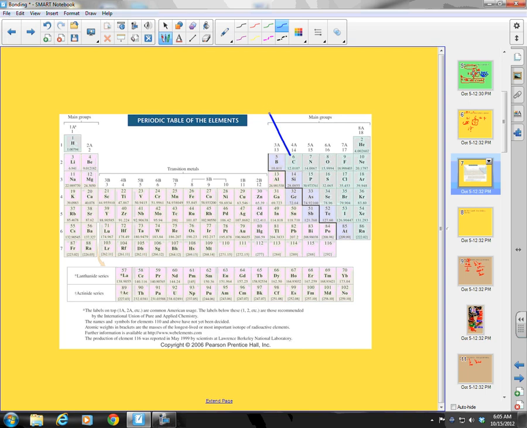I had 1 carbon and I have 4 chlorines, right? Now, valence electrons: carbon has 4 valence electrons, and chlorine has 1, 2, 3, 4, 5, 6, 7. Chlorine has 7.